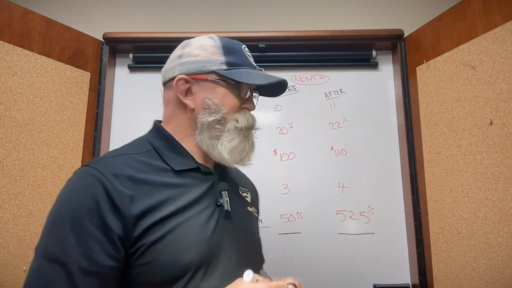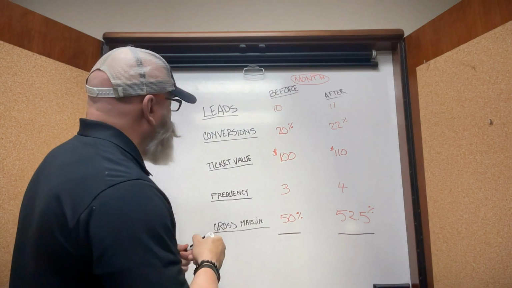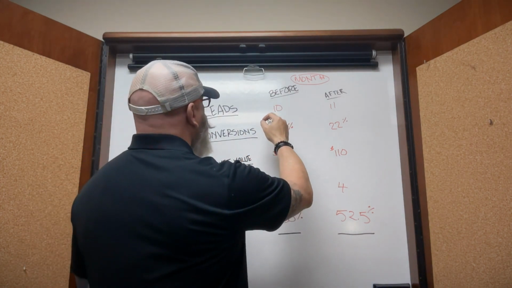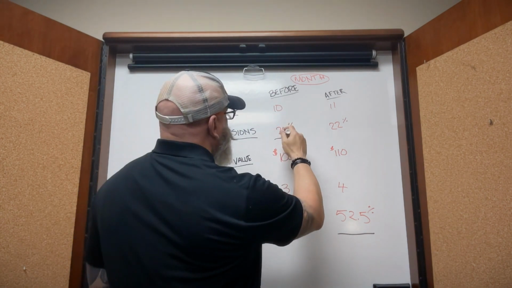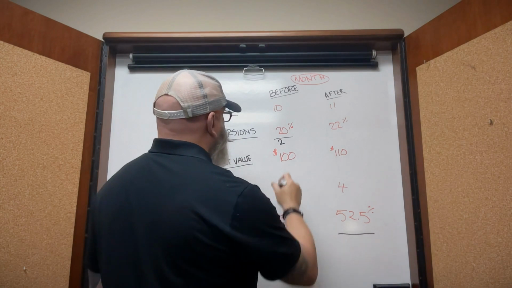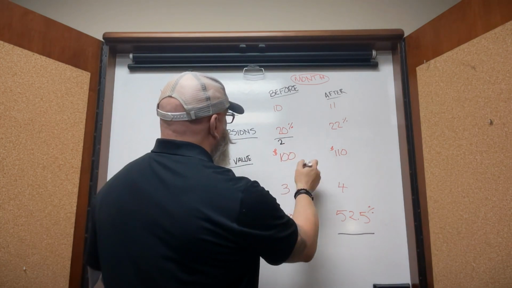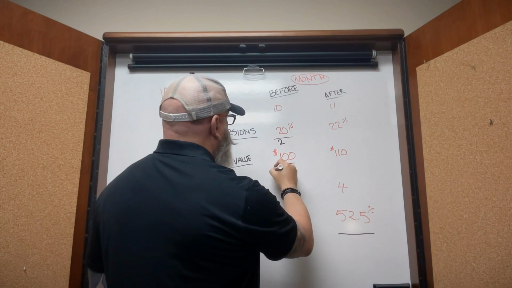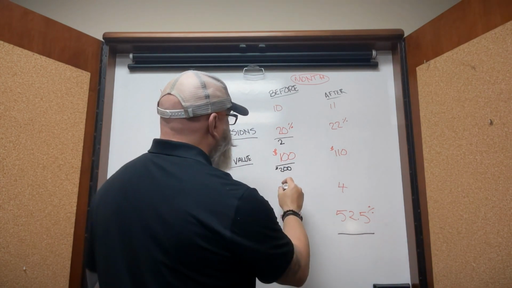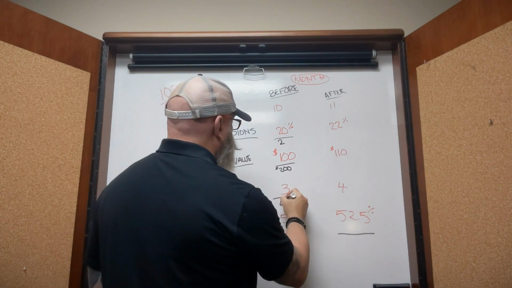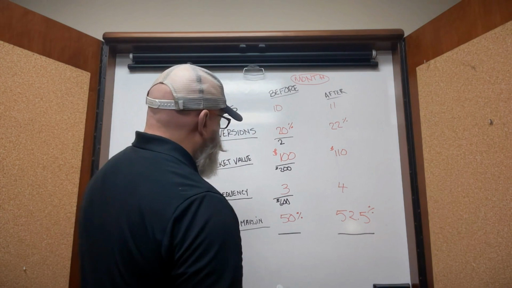Okay, this is where it gets really cool. The 10 leads converting at 20%, that is 2 new customers at a ticket value of $200. That's $200 more. We're getting them to purchase 3 times a year. That's $600 a year.